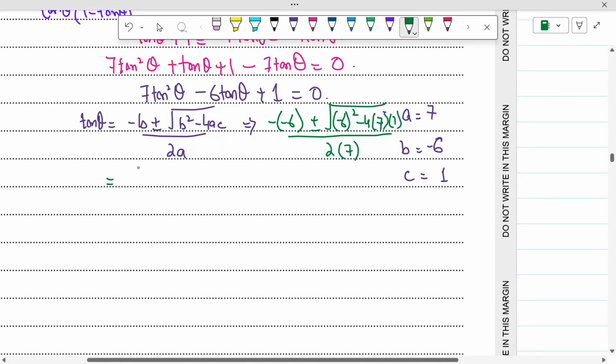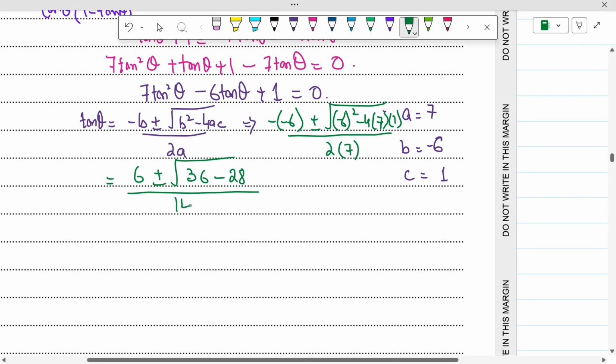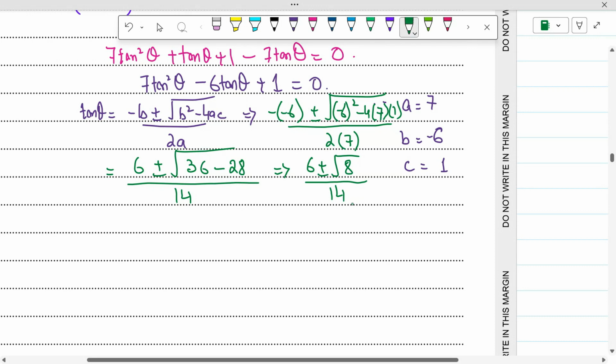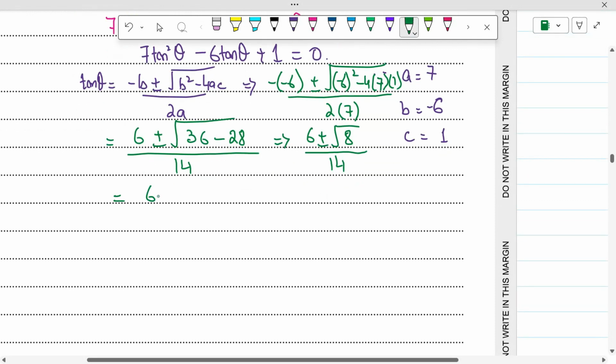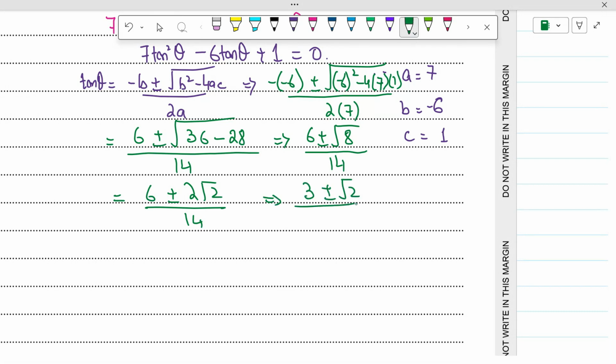So we will have 6 plus minus under root 36 minus 28 over 14, and this is equal to 6 plus minus under root 8 over 14. Further solving, we will have 6 plus minus 2 under root 2 over 14, and this is equal to 3 plus minus under root 2 over 7.